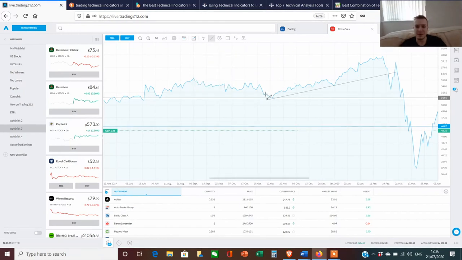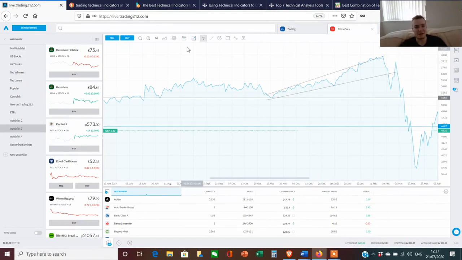So for example with here, if you would have taken this part as an example, you could have drawn it, and you could have seen that it broke its resistance there and it broke its resistance there. But to be honest, it looks like it traded quite well between those parameters. It didn't really go too much above its resistance.